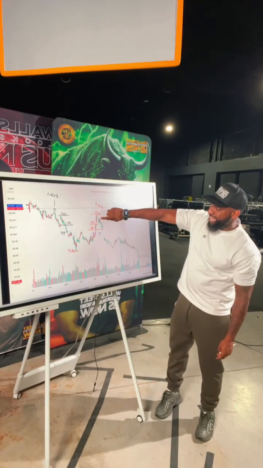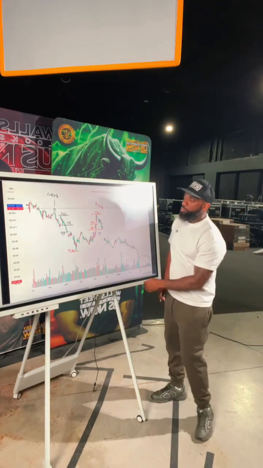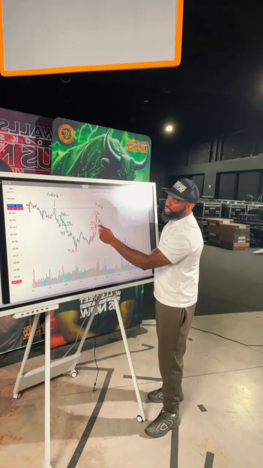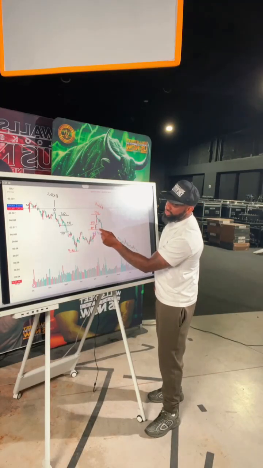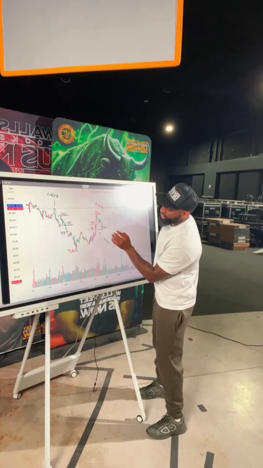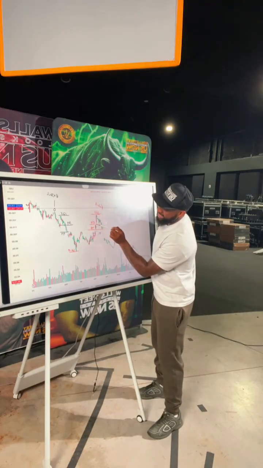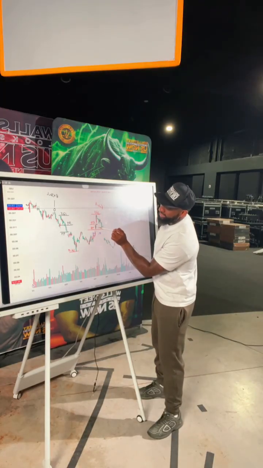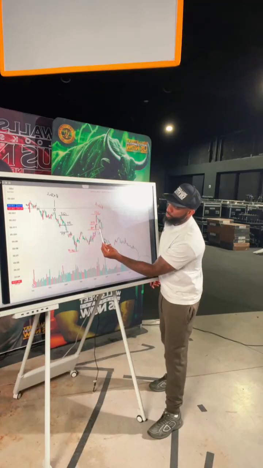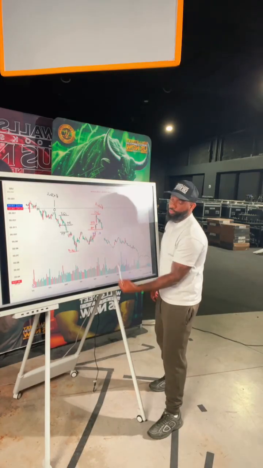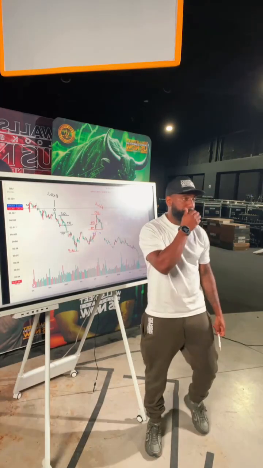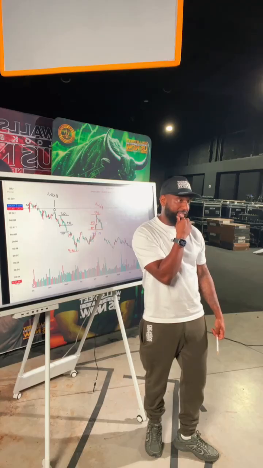Now, this one red candle doesn't tell us that, but when we get confirmed by this green candle, this rejection, and then this rejection on this green candle, and then this red candle, it tells us that we have now entered a new zone. Does that make sense to everybody?